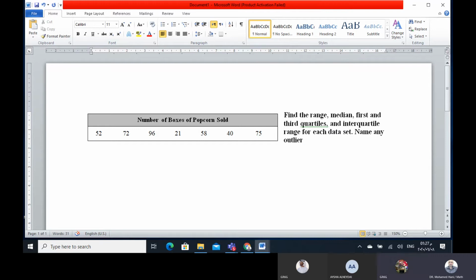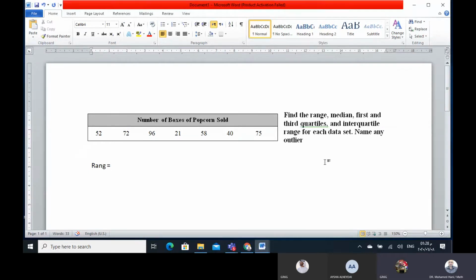Mister, I finish. Yes, tell me. The median is 58. What is the range? How to find the range? I didn't find it yet.